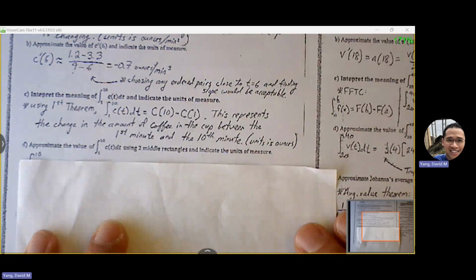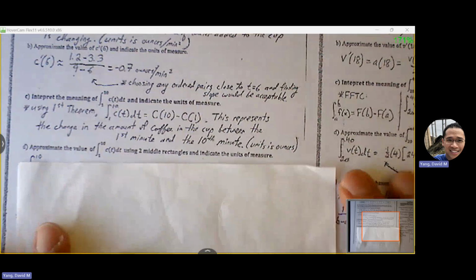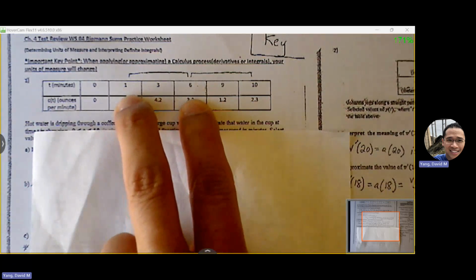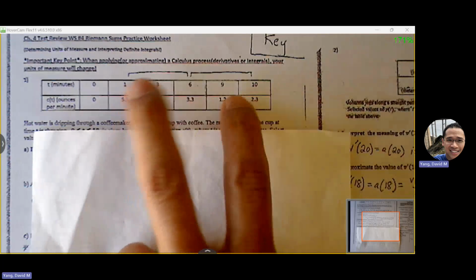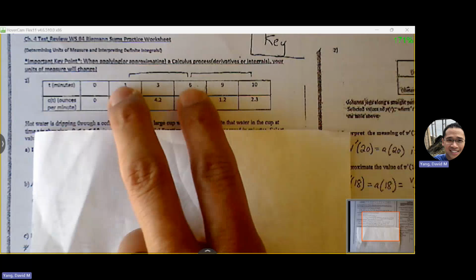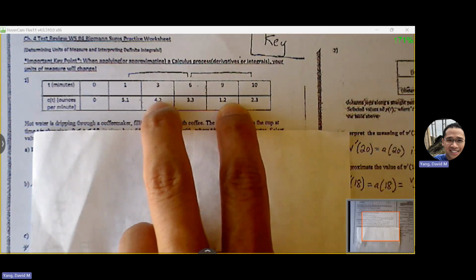Okay, part D, now it says use two middle rectangles to approximate the value. So now we can use Riemann sums. We can do what we did on the quiz, where we split up our region into two subintervals, identify the width by subtracting the t values, and then pick out the middle y value as our height.